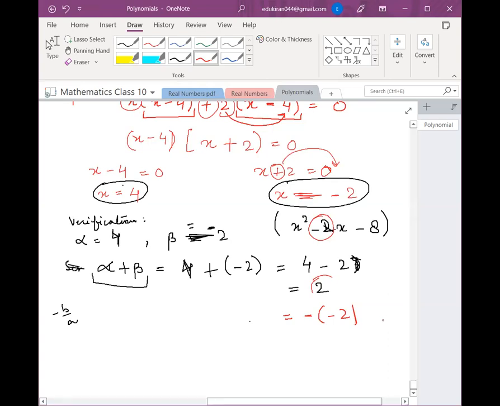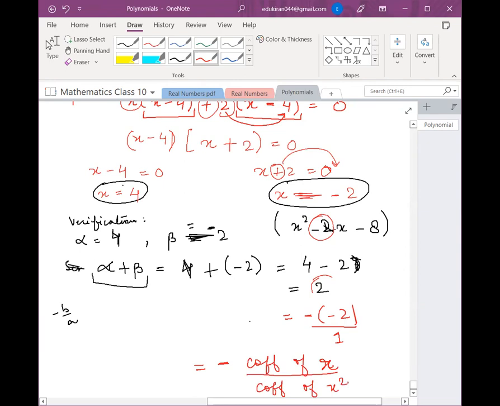So can I write this 2 like this? And divided by 1, no problem. What I'm getting is exactly minus coefficient of x, and in the denominator coefficient of x square.